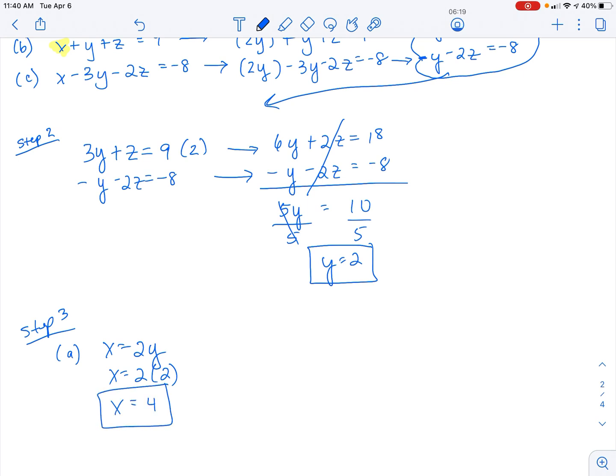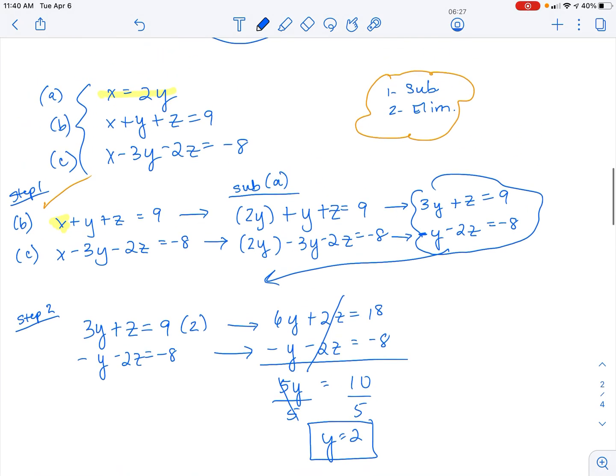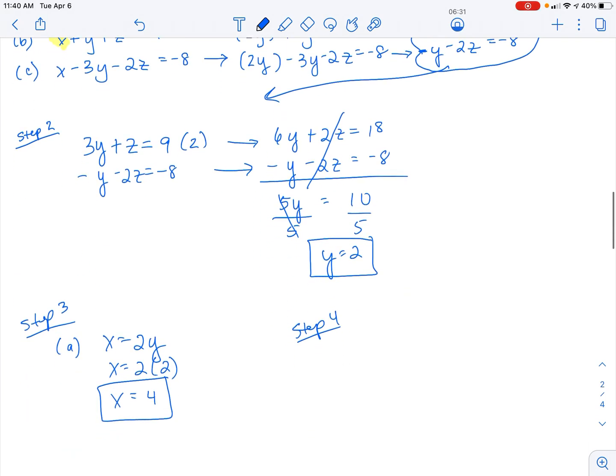That was easy. And then step 4, we're going to solve for the last variable that we have, which is z, and I'm going to grab equation b. So look at b, easy peasy. x plus y plus z equals 9. We know 2 of those, we just need to find the third. So we have x plus y plus z equals 9. We have x is 4, y is 2, plus z equals 9.